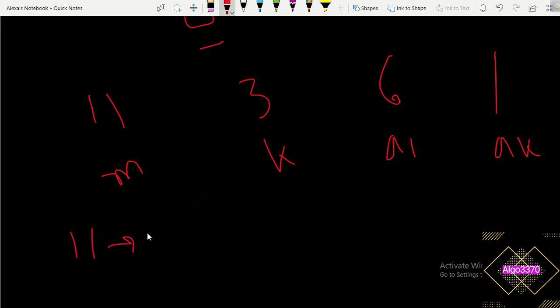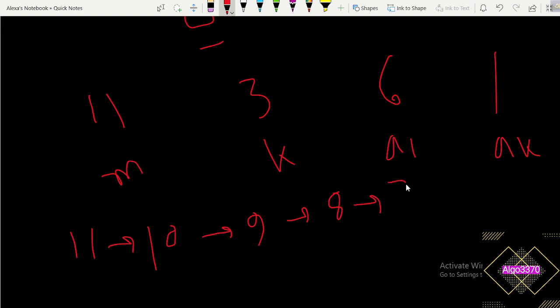So from 11, at the first time he used 1 regular coin of A1, then he used another 1 coin, reaching 9. From 9 he will go to 8. In this state we will not yet use any fancy coins. We will just complete this with our stored regular coins.